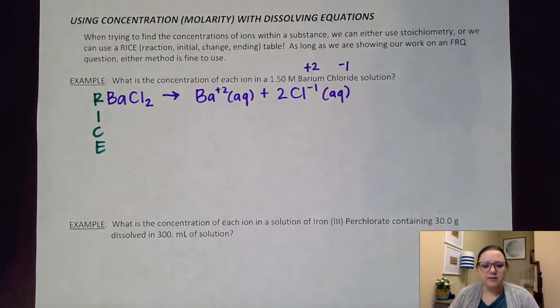We utilize RICE tables a lot in the spring when we get to our equilibrium unit, especially when the concentrations of things aren't totally going away or totally appearing in a perfect mole-to-mole ratio. Here it's a little bit easier because they are in a mole-to-mole ratio, but it's still a good method to show our work if we're doing an F or Q question.